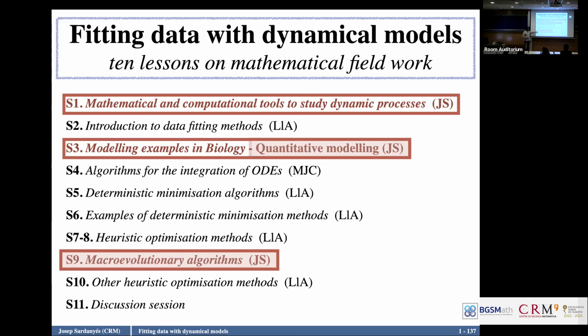Macroevolutionary algorithms, as you will see, are close to the genetic algorithms, but let's say the scale of evolution that the system undergoes on the landscape is different, because the genetic algorithm focuses on what we call microevolution, but this one is focused on macroevolution.